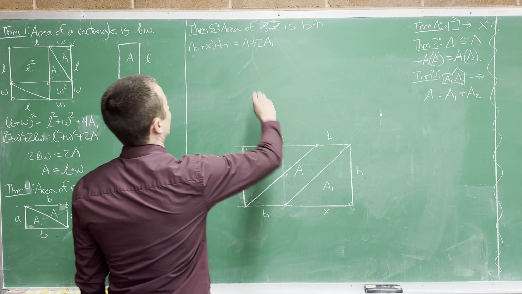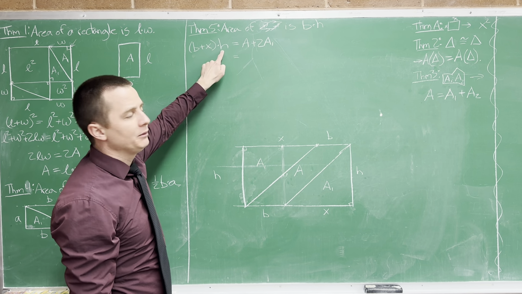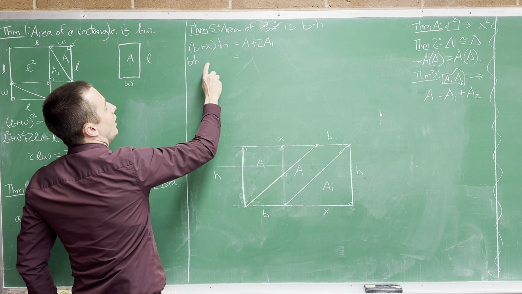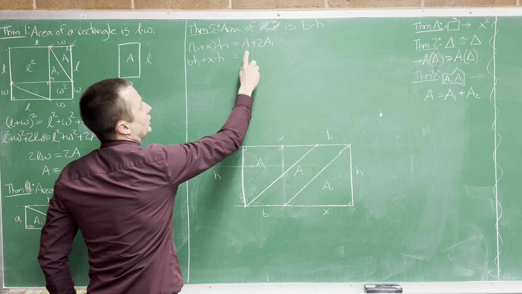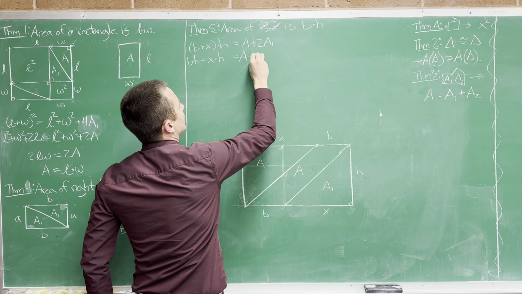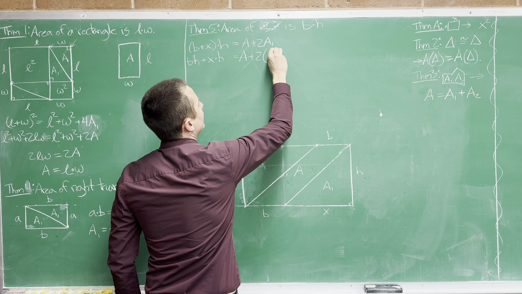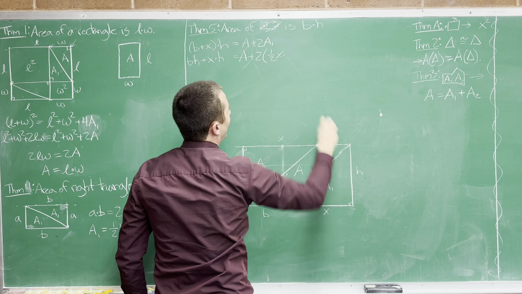So this is equal to, over here I'm just going to distribute. What's b times h? bh. What's x times h? xh. Over here, A is still what we're solving for, plus, we found out that A1 is half the base times the height.